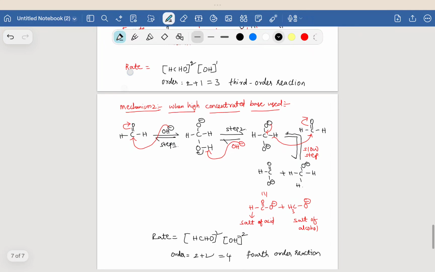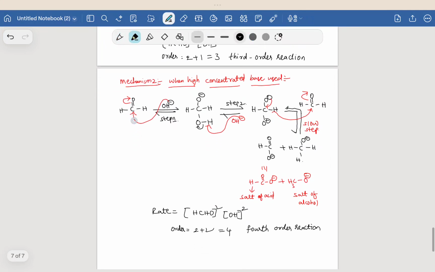Next, when we use a highly concentrated base, we have taken the same aldehyde, one aldehyde, and OH minus attacks it. But here, before the transfer of hydride, OH minus takes the H from the carboxylic acid.